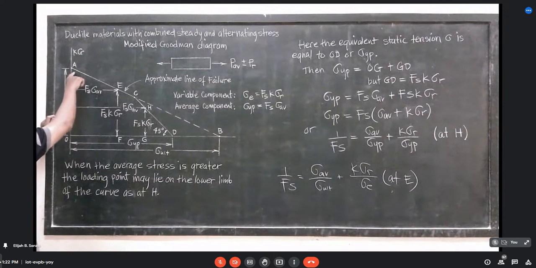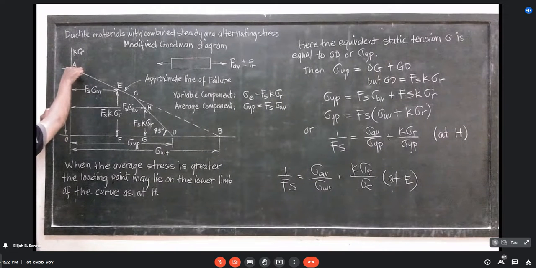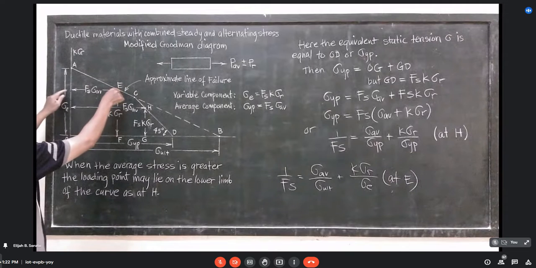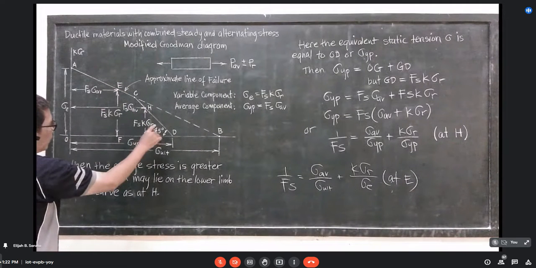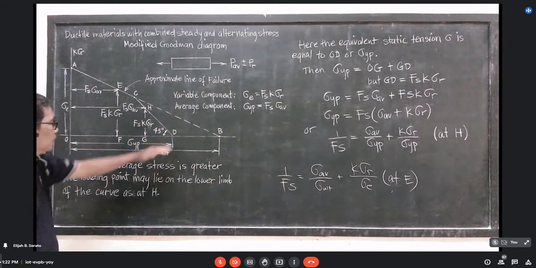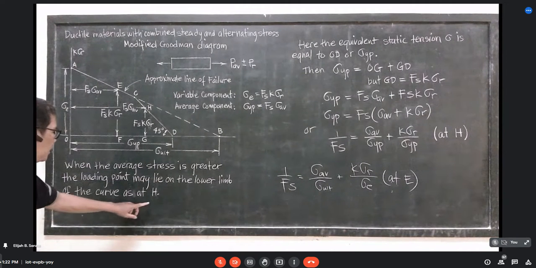Remember, if you are in this part, you have a very small average but a very big alternating. At this part, that is the average, that is the alternating. So as you move downwards, the average stress will now be greater compared to the alternating stress. So when the average stress is greater, the loading point may lie on the lower limb of the curve as at H.